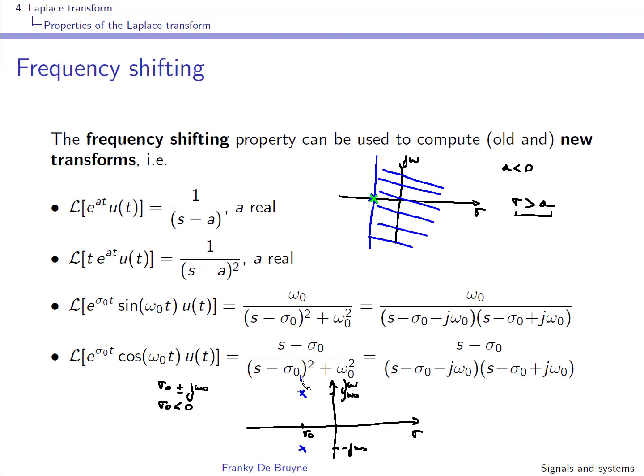Since we only have two complex conjugate poles, the real part will be sigma 0, and we have to take the region to the right of that. This is indeed what we had obtained, right? The region of convergence was sigma larger than sigma 0.